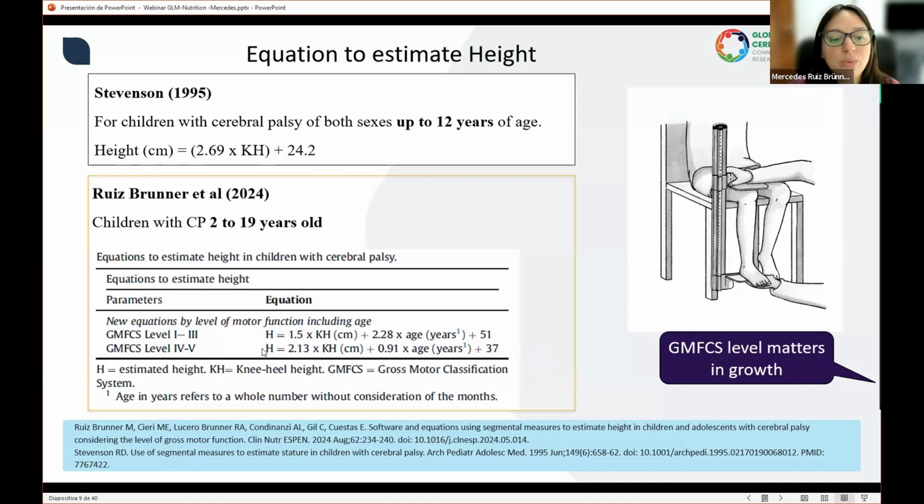According to the GMF level, we choose which equation we should use. And we saw also that gender or sex wasn't really a difference in children with CP, while in children with typical development, it's important to consider gender. In children with CP, it's more important to consider GMF level.